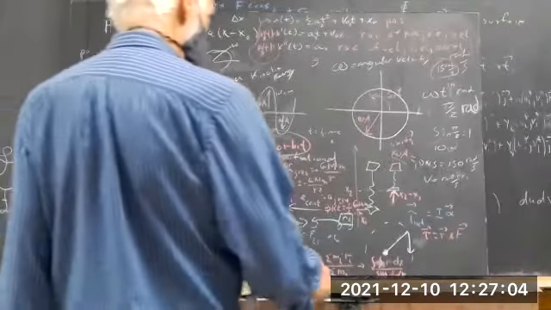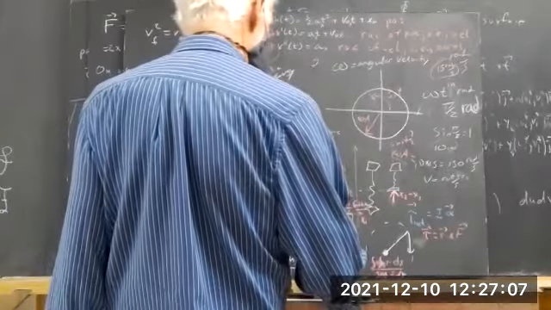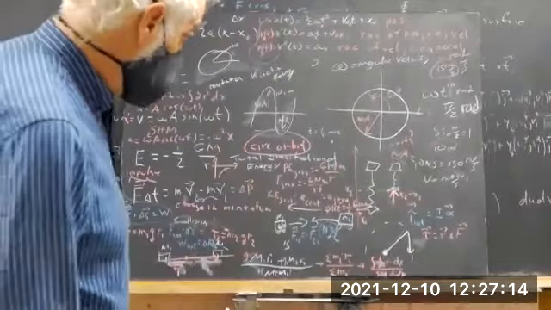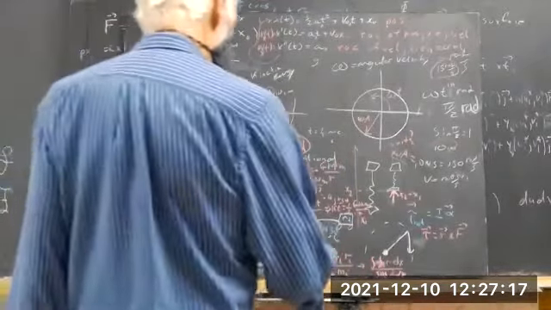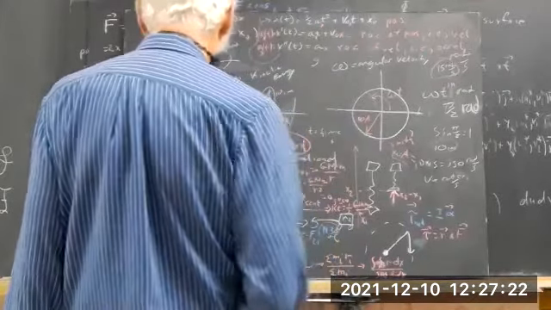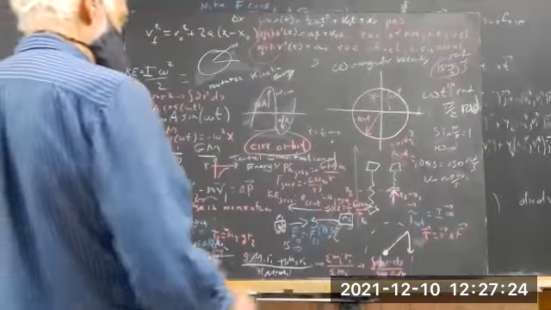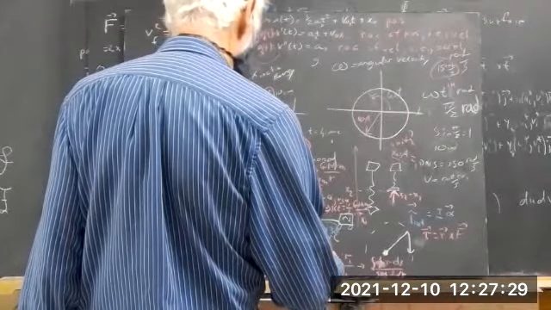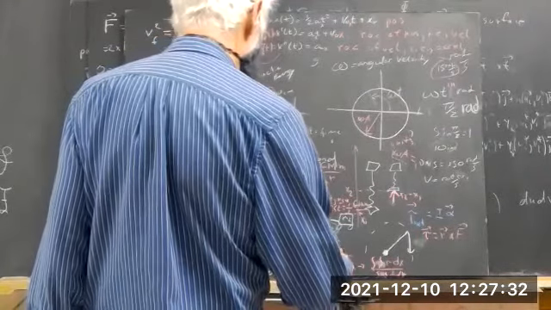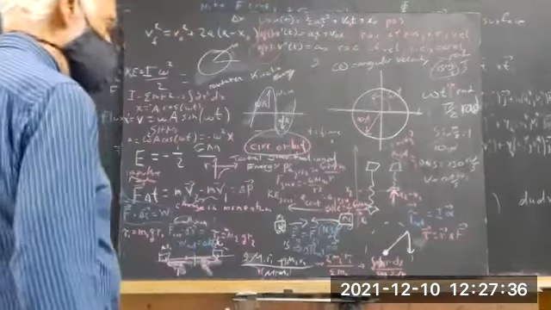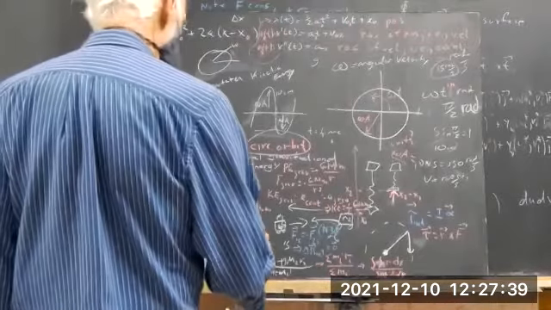I'll just write N third to abbreviate Newton's third law because I don't have room to write anymore. And that implies that delta P is 0 if the system is isolated.